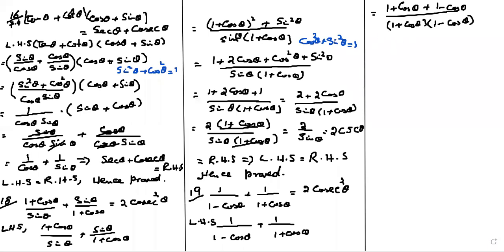Now this cosine theta got cancelled with this cosine theta. We have 1 plus 1, 2. And 1 plus cosine theta times 1 minus cosine theta gives us 1 minus cosine square theta.